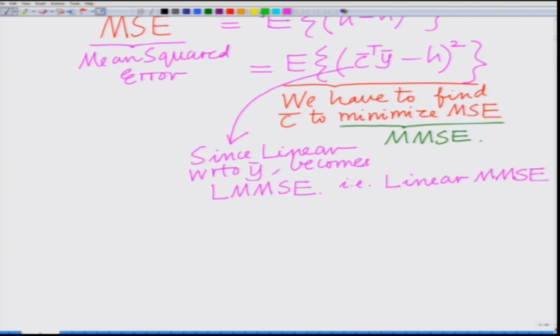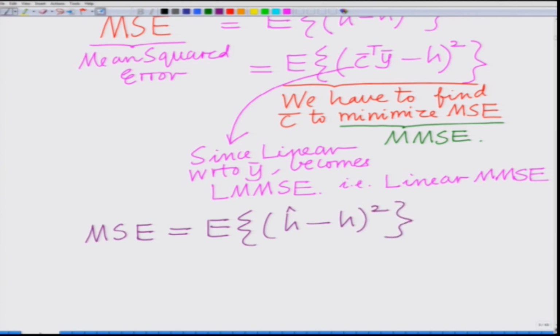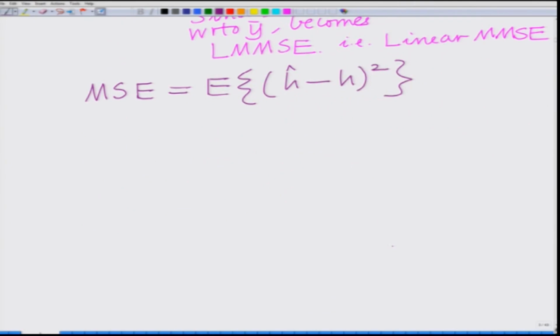Okay. So, now let us simplify this expression for the MSE. We have the MSE, which is a function of this vector C bar, equal to the expected value of H hat minus H whole square.